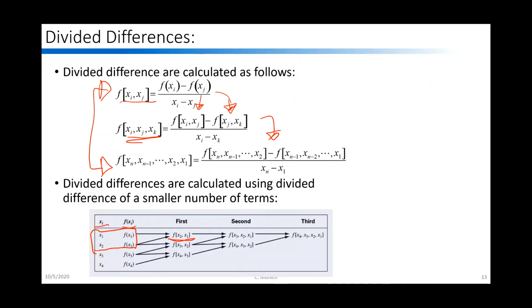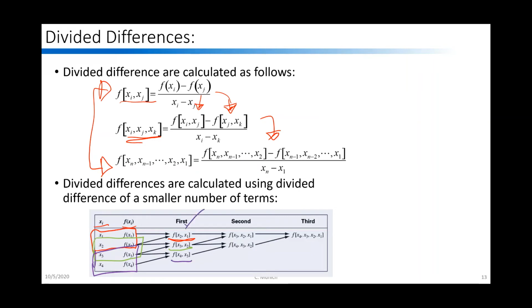Then for the next set of differences, I take x2 and x3 to get f of x2, x3. And finally, I take the last pair, x3, x4, to get f of x4, x3.